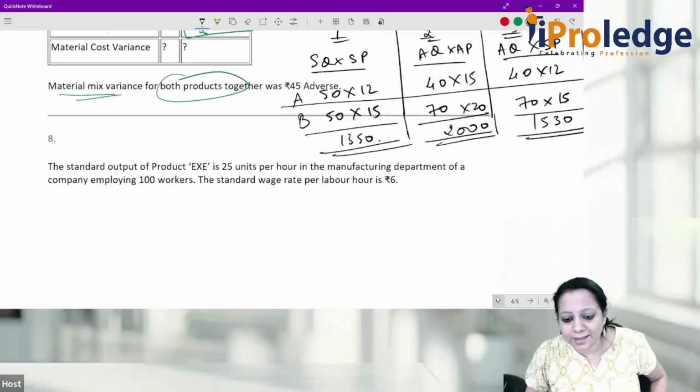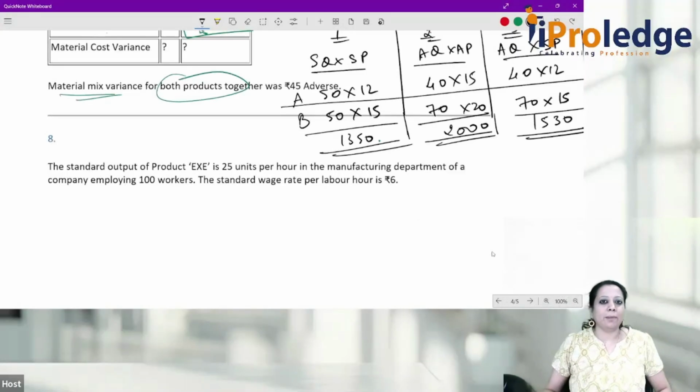Why did you choose this problem? Two reasons. Idle time is also covered, and I can do idle time variance also. Treatment of idle time also you will know. And actual hours worked and actual hours paid will be different. Actual hours worked means I worked excluding my idle time.